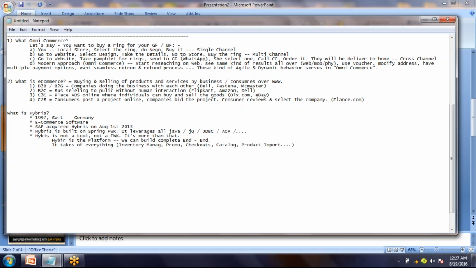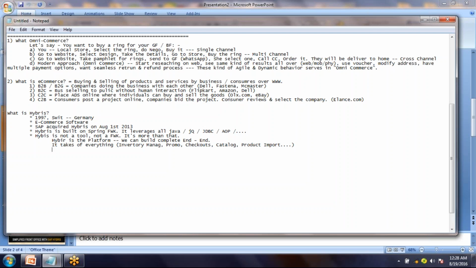It's not just a platform where you can build end-to-end applications. It takes care of all these things.